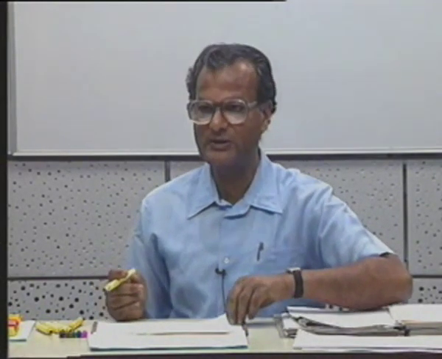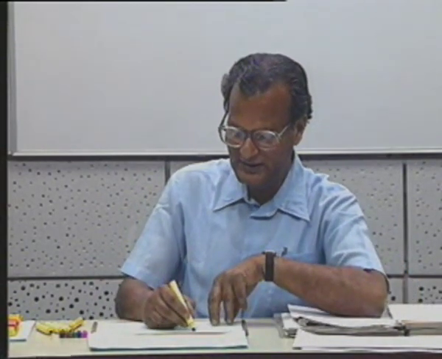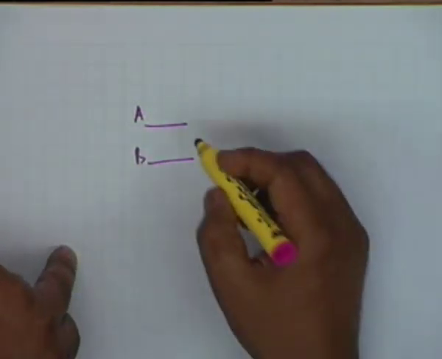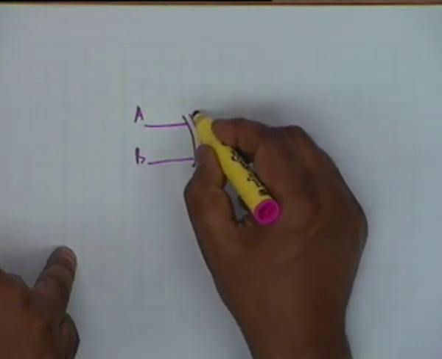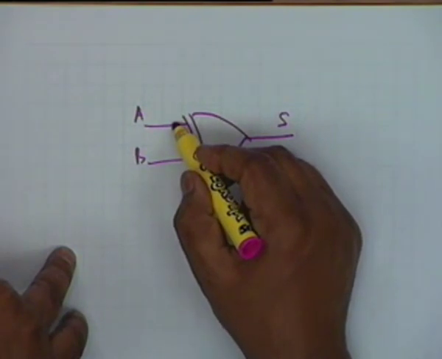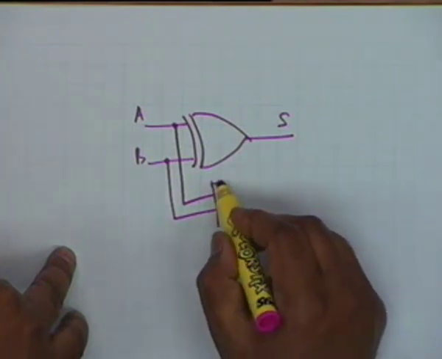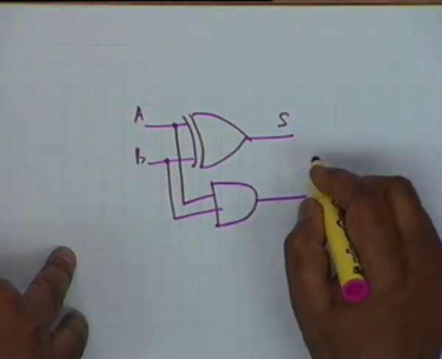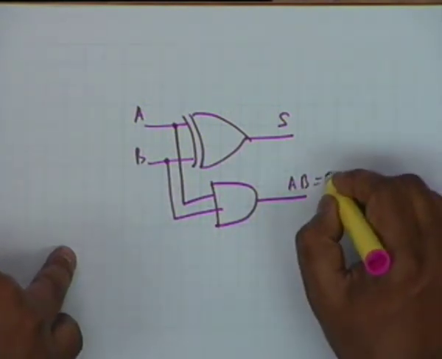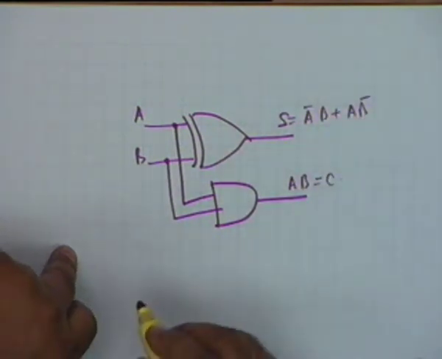So in terms of an exclusive OR, you see the half adder circuit is simply A, B. You can do it with only two gates. One is the exclusive OR, which gives you the sum, and the other is AND. This is C. This is A bar B plus A B bar.